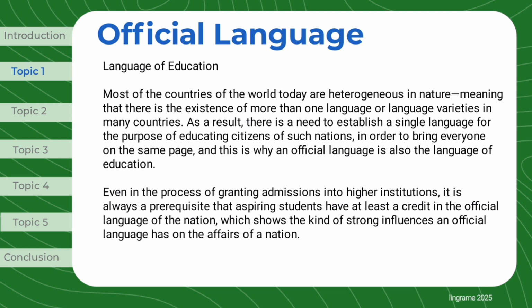Even in the process of granting admissions into higher institutions, it is always a prerequisite that aspiring students have at least a credit in the official language of the nation, which shows the kind of strong influences an official language has on the affairs of a nation.